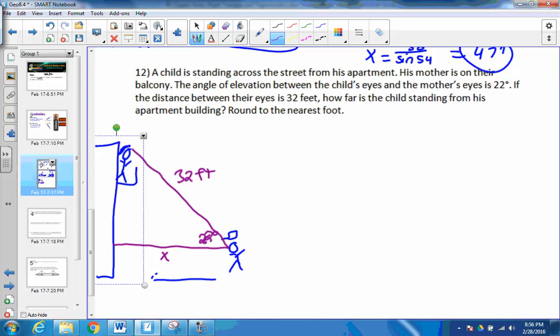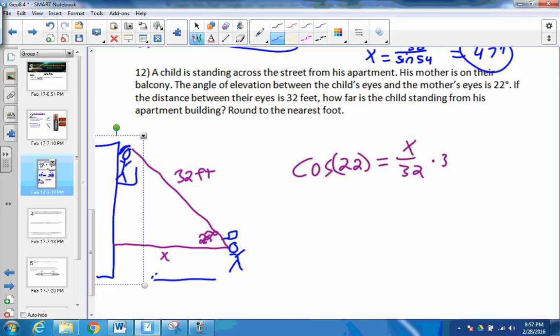So you can then set it up. If you know the picture, you can then set it up and use your trig ratios. So we have the hypotenuse and the adjacent. So that would be cosine of 22 would be equal to the adjacent over the hypotenuse, so x over 32.